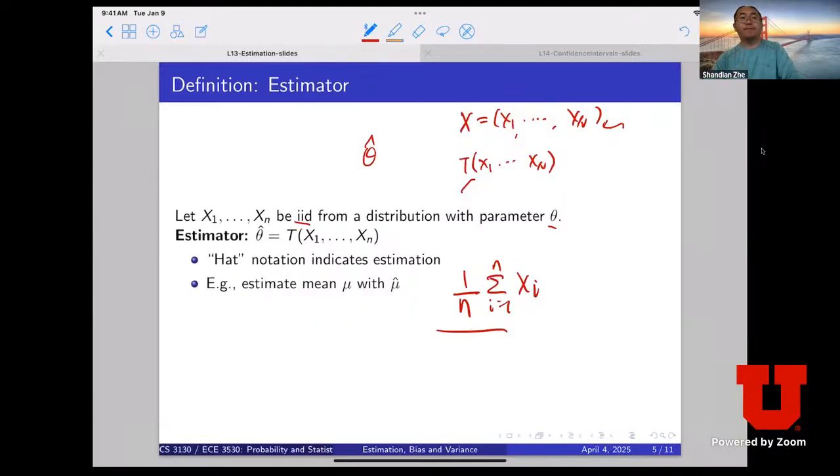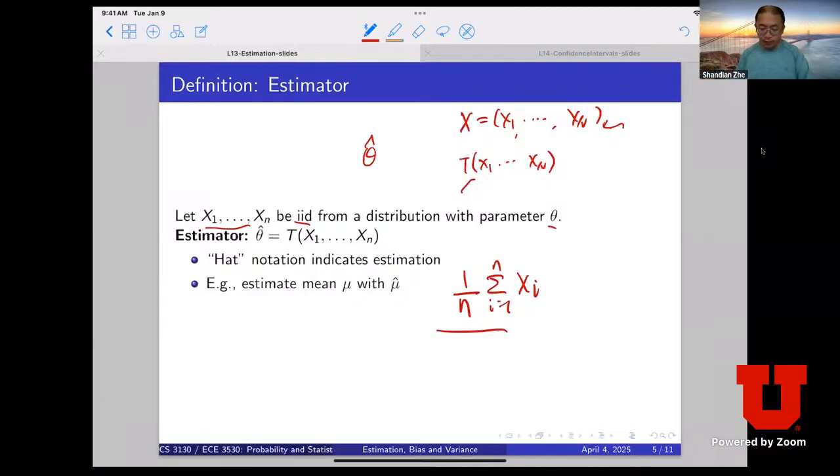Okay, the so-called estimator is a special type of statistic. Suppose we know that your sample, those IID random variables, follow some particular distribution, for example, a Gaussian. But what we do not know are the parameters that control that distribution.